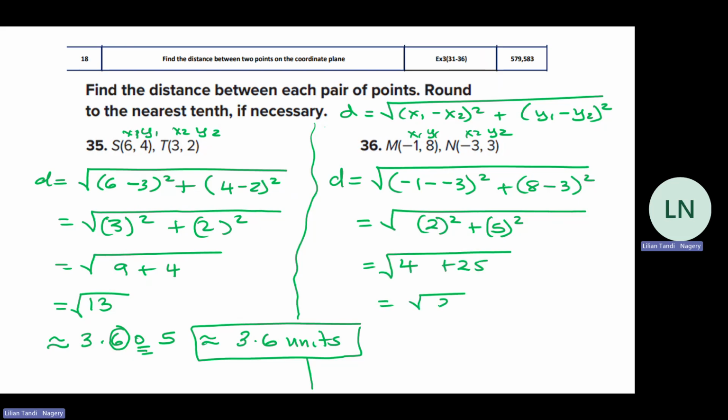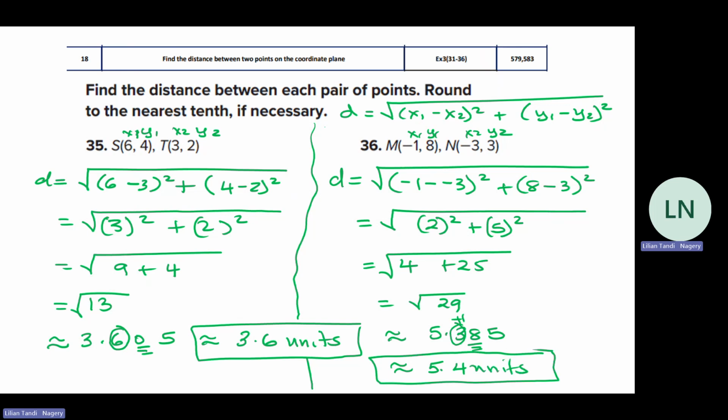This should give you 29, square root of 29, which should be approximately 5.385. Then you circle 3, you underline 8, you're adding 1 to the circle, and that is 5.4 units.